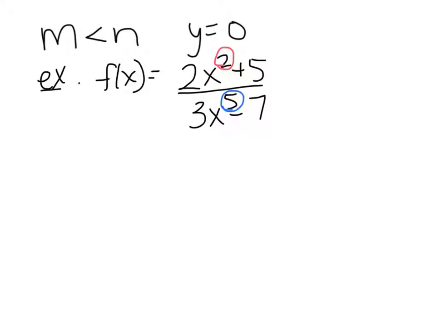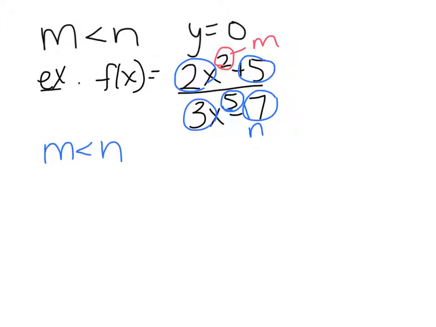Remember, the 2 in the numerator is your m, and the 5 in the denominator is your n. Since the n is bigger than the m, we are not looking at anything else. The 2 and the 5, and this 3 and this negative 7, do not matter. Your m is less than n, and since that exists, your horizontal asymptote, your HA, is y equals 0. You're only looking at those degrees.